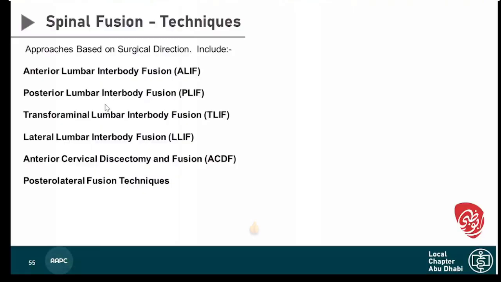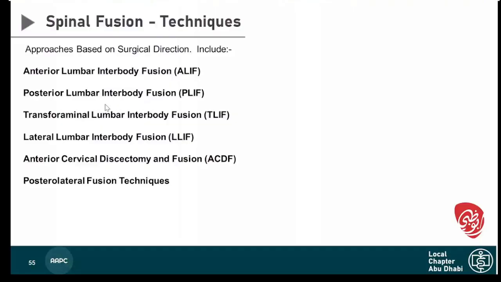Lateral means side approach. Then anterior cervical discectomy and fusion, that is cervical, and posterolateral fusion. Posterolateral means the approach is through the posterior, but the bone graft fixation is lateral. So select the appropriate technique code.